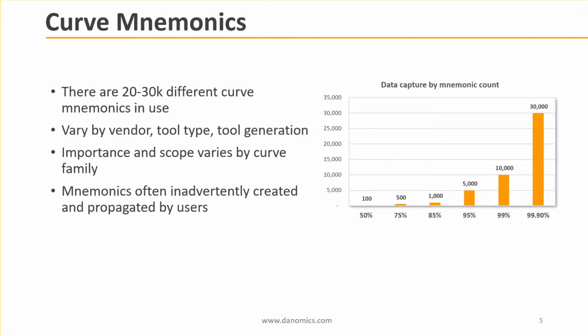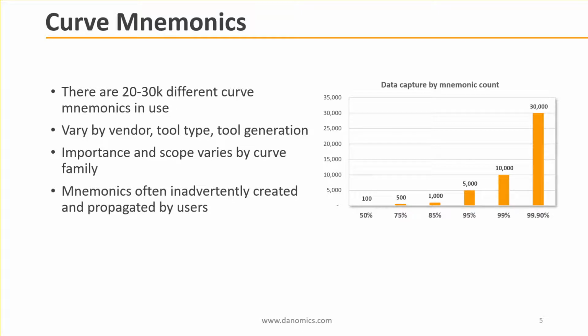So for something like a gamma ray or a neutron, this can be very, very important to get nailed down. For something like a D-row or a PE, there's only a handful of mnemonics that are out there for them. So maybe a little bit less important, but you still want to get that taken care of.